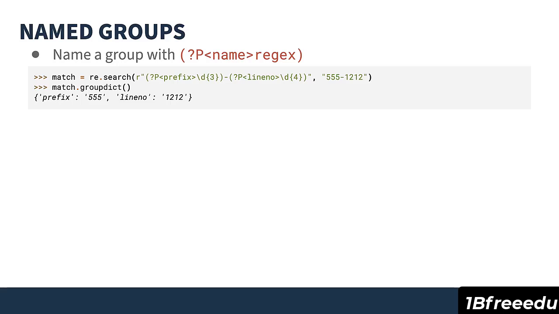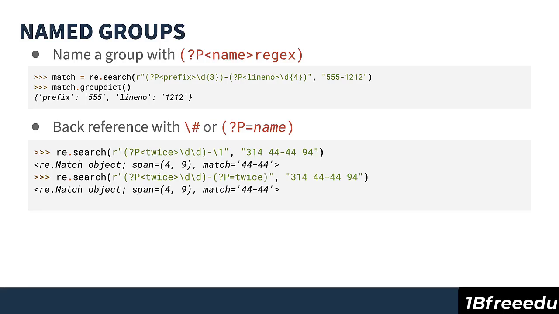What appears inside of the angle brackets is the name you give it, and after the angle brackets, the regular expression for the group. In this example, there are two named groups, one called prefix and the other called line_no. The groupdict function on the match object returns these two groups with their names.